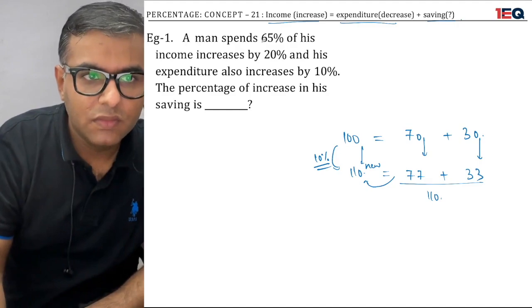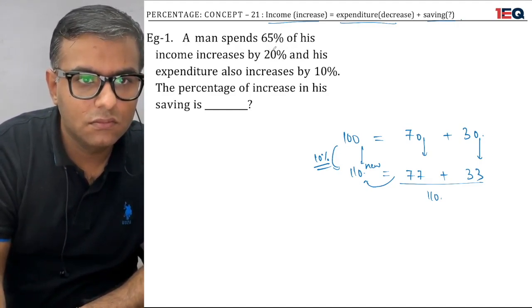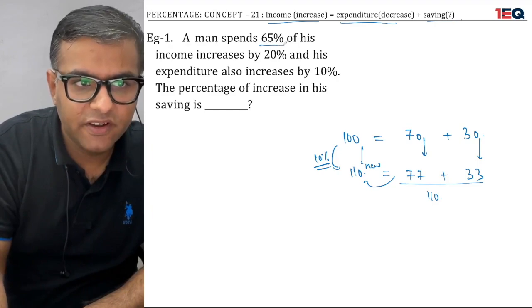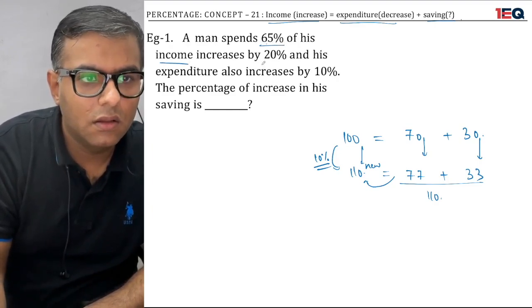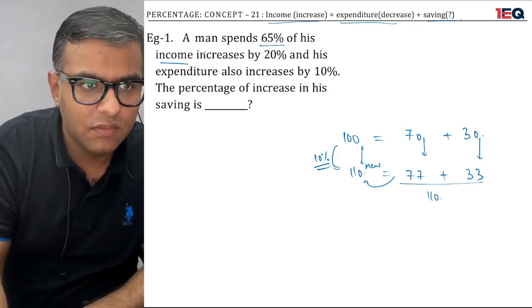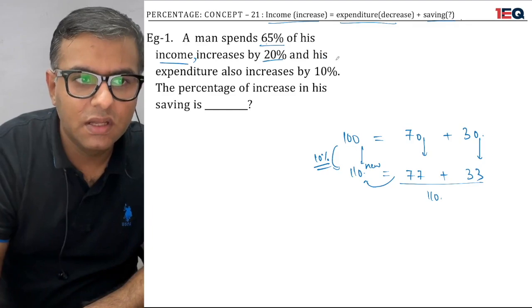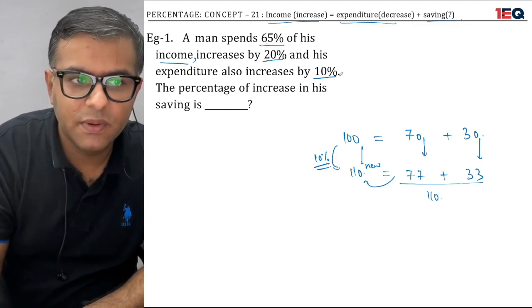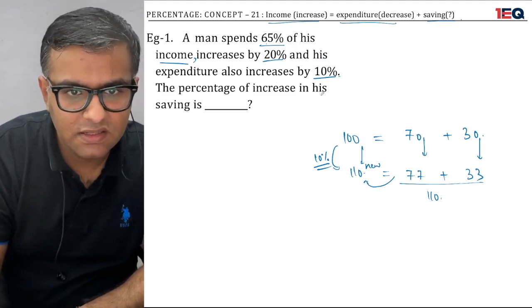Okay. So it says a man spends 65% of his income, his income increases by 20%, and his expenditure also increases by 20%. Find the increase in his savings.